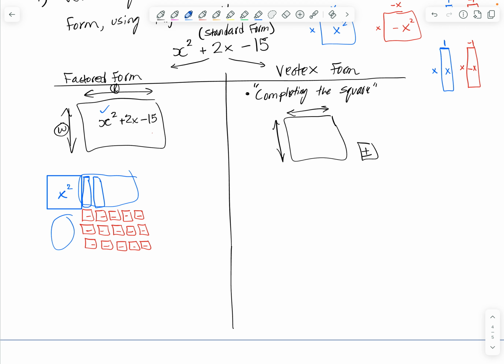It has to be one sign, okay? You can't have a mix of positives and negatives. That would not work. That's breaking the rules. It has to all be one sign here and one sign here for it to be factorable.